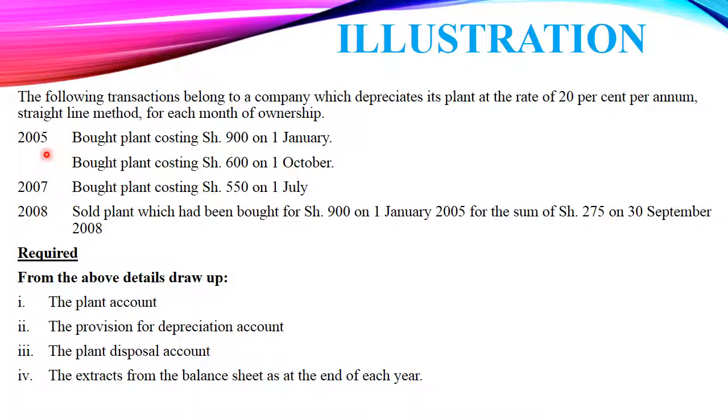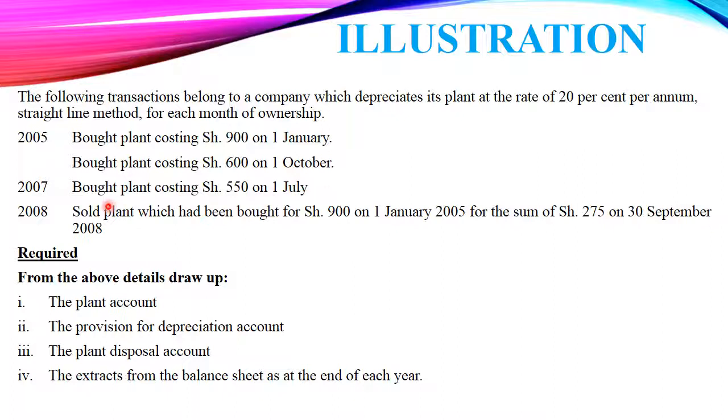So in 2005, the company bought plant costing shillings 900 on 1st of January, then bought another plant costing shillings 600 on 1st of October, and in 2007 they bought plant costing shillings 550 on 1st of July.